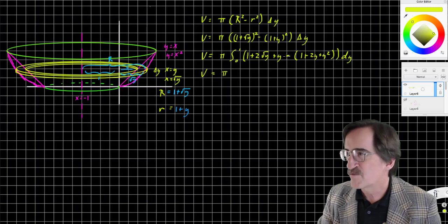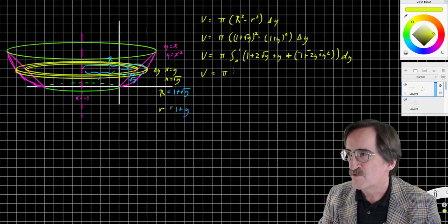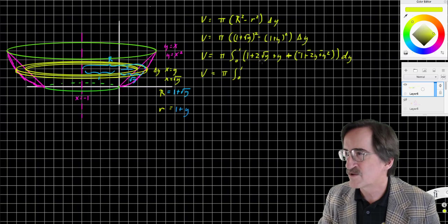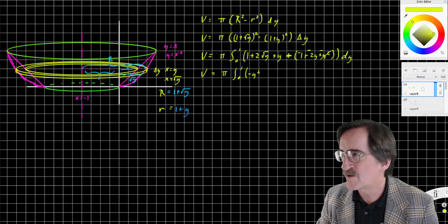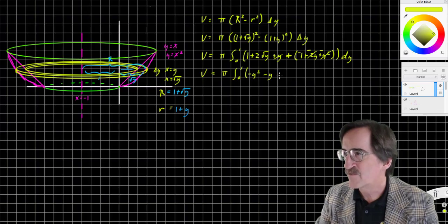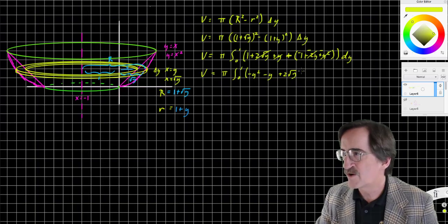Distribute the negative sign. So pi times the integral from 0 to 1 of, in descending order of exponents, negative y squared, negative 2y plus y is negative y, and plus 2 root y, and negative 1 and positive 1 cancel out, dy.